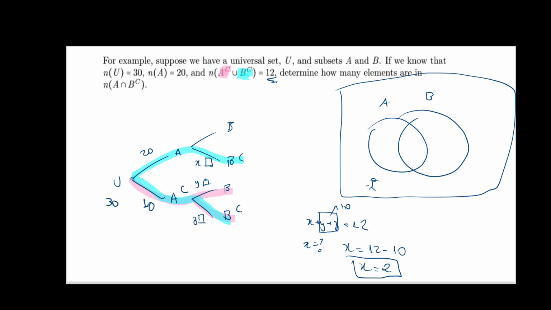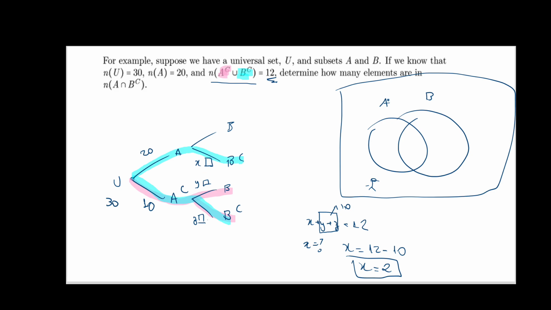It could be 8 plus 2, it could be 5 plus 5, it could be 3 plus 7, whatever it is, I know that the sum of them has to be 10. If the sum of all three of these paths here has to be 12, I'm left with only the possibility of x being 2.